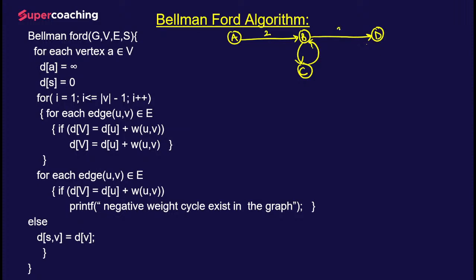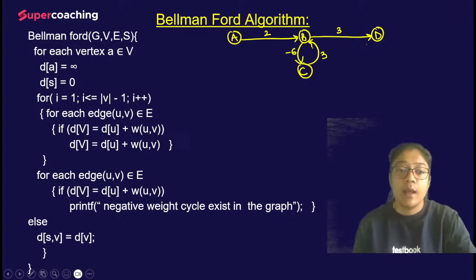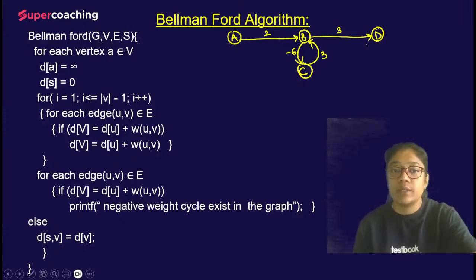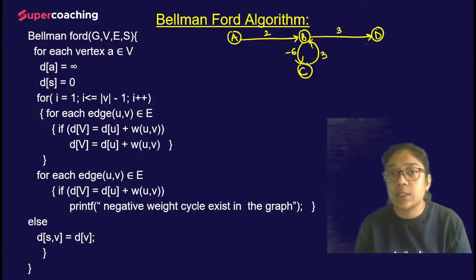The weights are 2, 3, 3 and -6. So if you observe here, I'm taking an example which contains a cycle, and the weight of the cycle is negative. So this is a negative weight cycle.